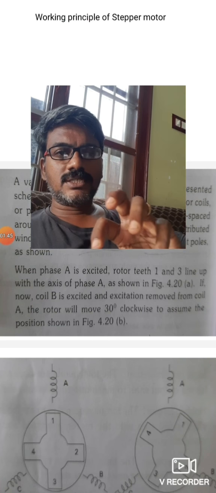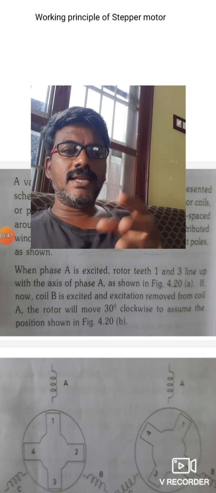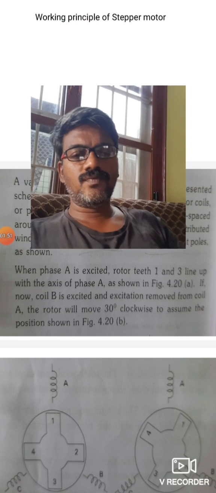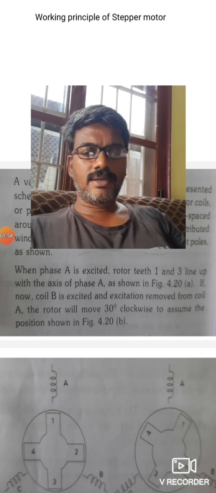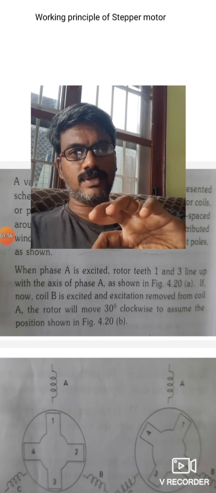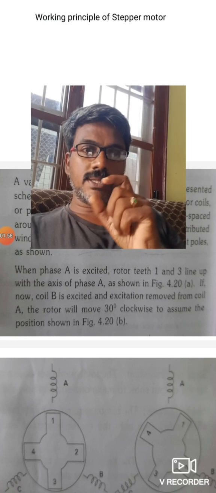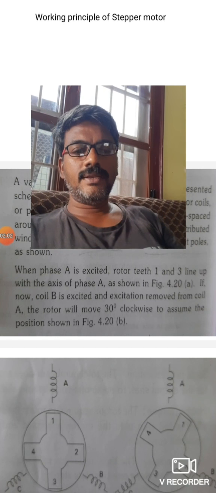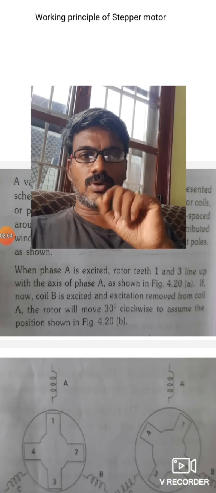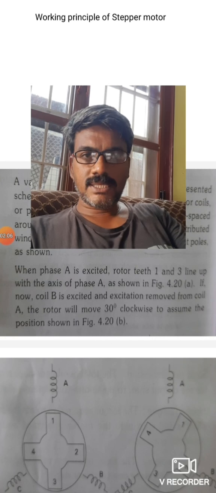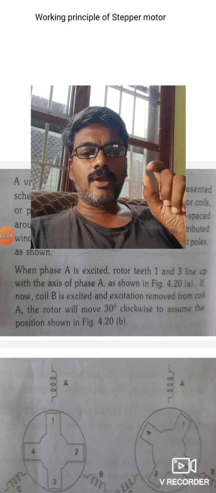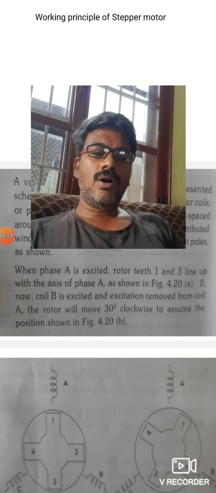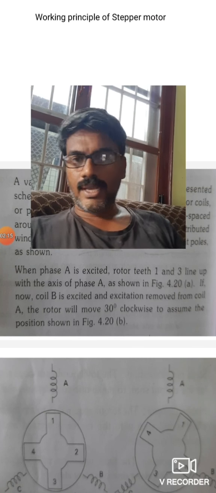Suppose in anti-clockwise direction, the order may be C, A, D, A, like that. So that is the sequence of excitation for rotation clockwise or anti-clockwise. And the number of pulses determines the angle of rotation. So there are two control elements: the number of pulses which determine the angle of rotation, and the direction of data which determines the order in which the poles are excited.